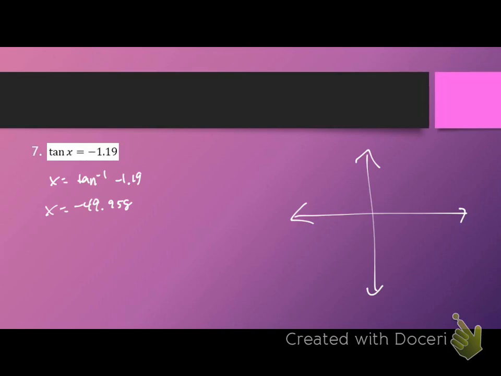So tangent is negative. Where's tangent negative? Well, it's negative here, it's negative here. Remember, this is our 180 minus the distance. This is 360 minus the distance. And right now, that distance is 49.958.